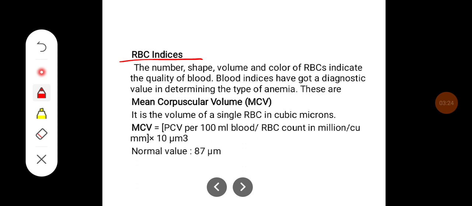RBC indices. The number, shape, volume, and color of the RBCs indicate the quality of blood. Blood indices have a diagnostic value in determining the type of anemia. These blood cell indices are mean corpuscular volume. Mean corpuscular volume is the volume of a single RBC in cubic microns.